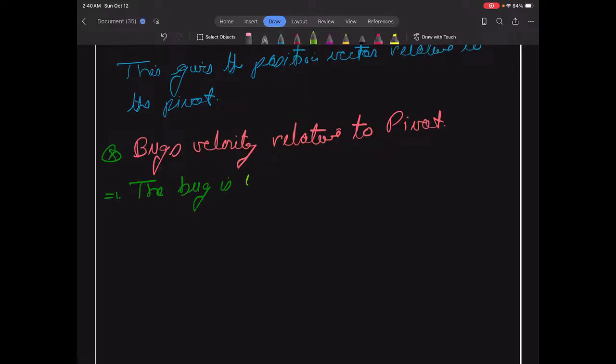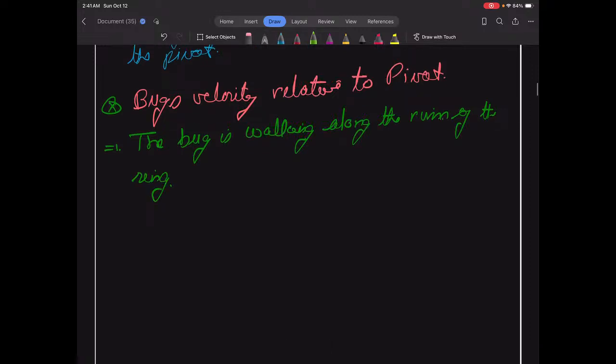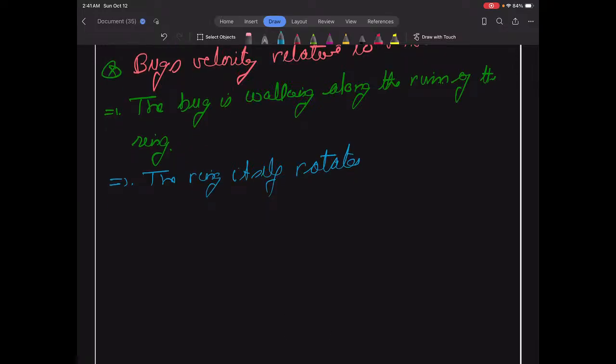The bug is walking along the rim of the ring, and because of that, the ring itself rotates about the pivot point A.